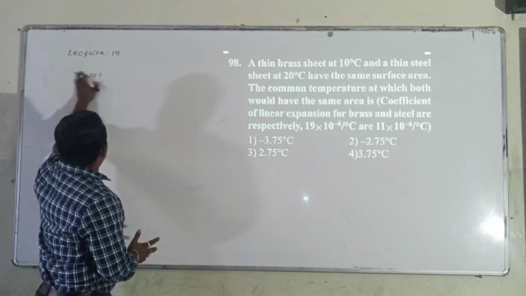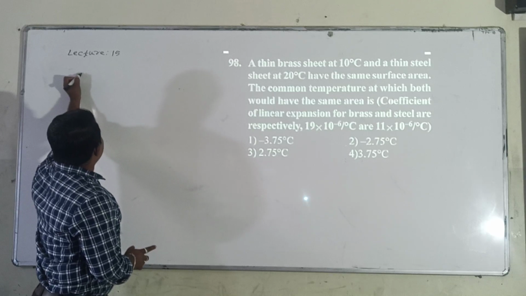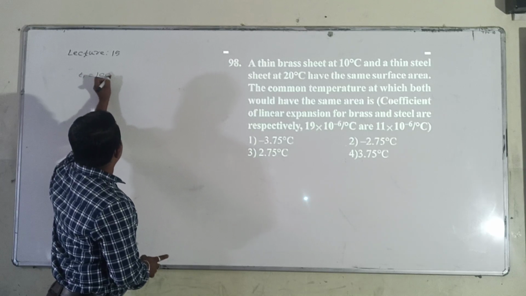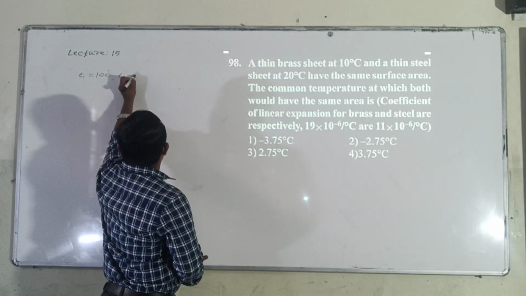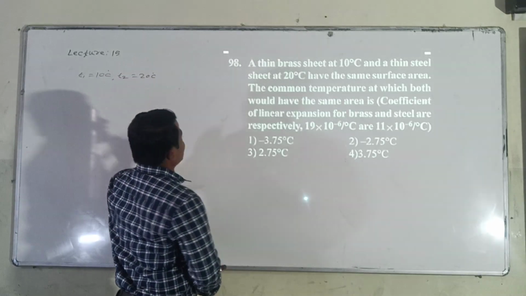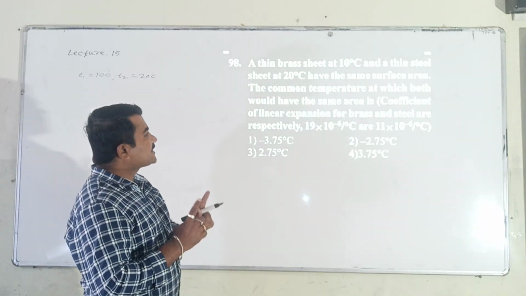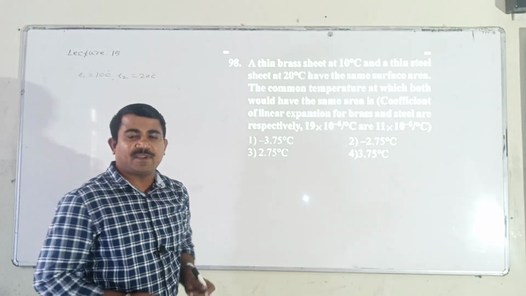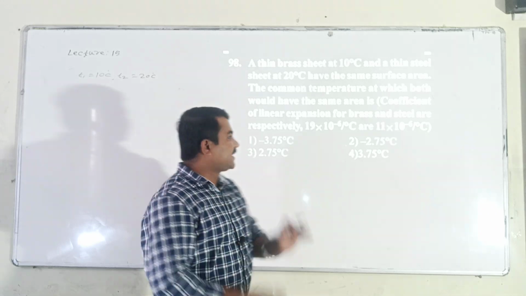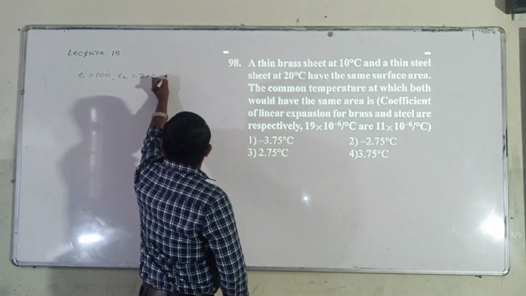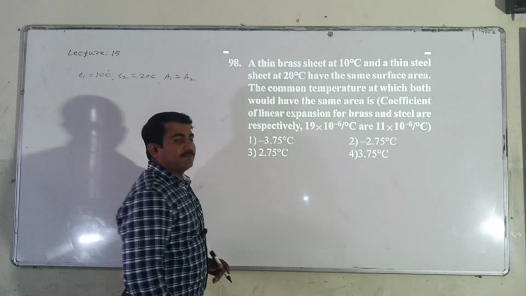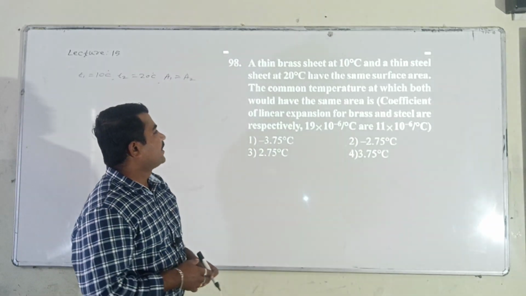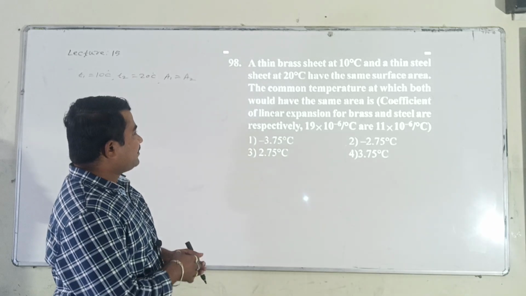Sorry, this is brass. A thin brass sheet at 10 degrees Celsius and steel at 20 degrees Celsius have the same surface area. Same surface area means both areas must be equal. A1 must be equal to A2.